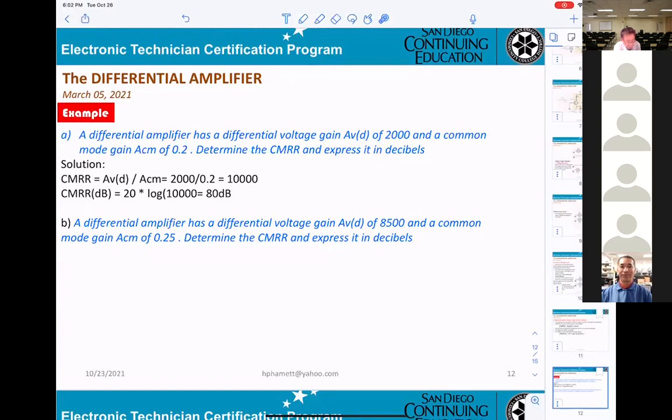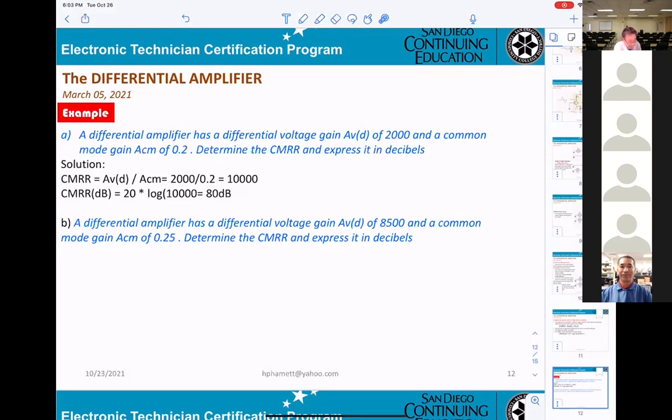They want to know the CMRR. Then you have to express it in decibels. Okay, now try to do the calculation by yourself first to see if you can get the same as my solution.